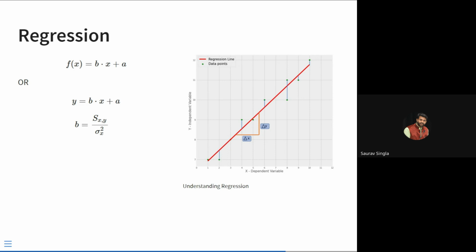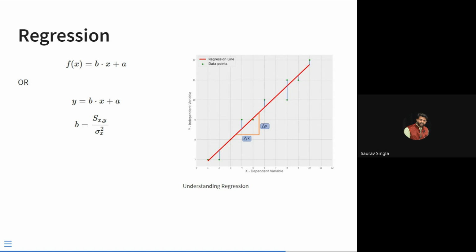That is what your correlation is telling, that x and y have a degree of relationship 0.9, or 0.7, or minus 0.85, whatsoever.